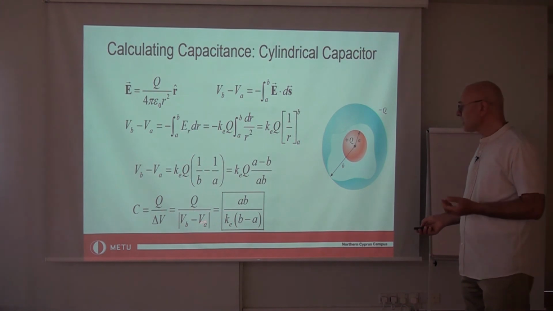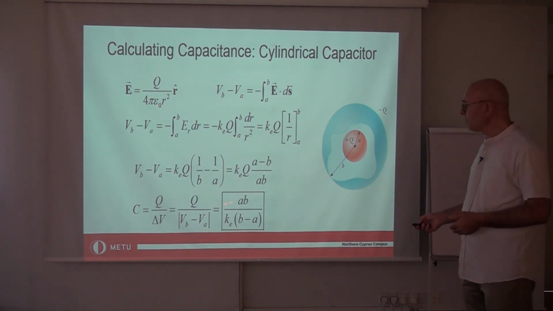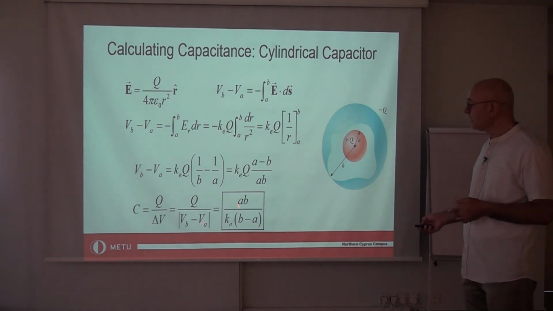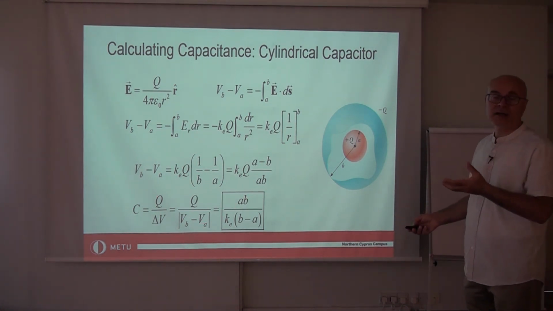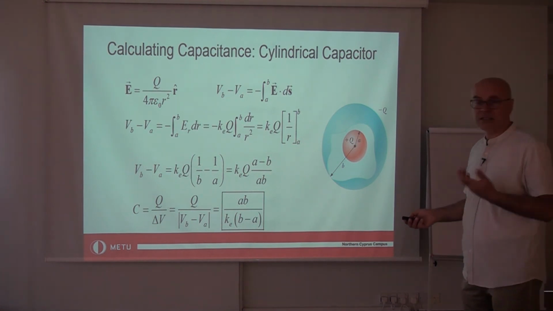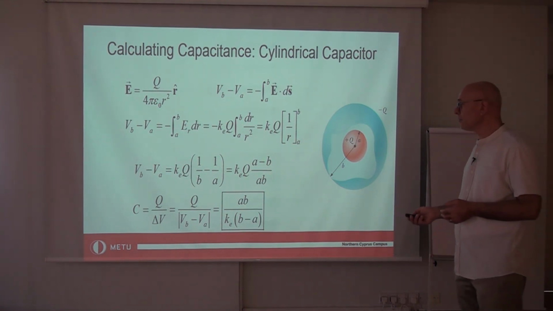Again, this is either length over K, because this is length squared divided by length, so it becomes length over K, or if you substitute K as 1 over 4 pi epsilon naught, this will be length multiplied by epsilon naught. So dimensionally this is also okay.